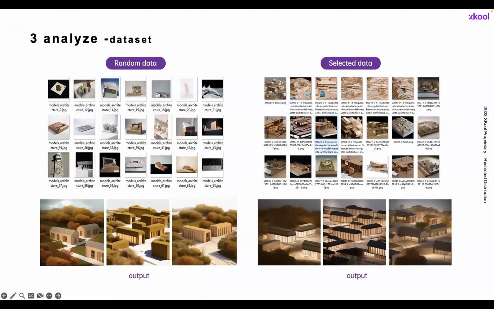If you choose the data very randomly, like the one on the left side, it contains poor quality pictures, not so many good quality pictures. The output is not so good. And if we select the data very carefully and keep consistency, with the same kind of view and diversity, the output will improve immediately.